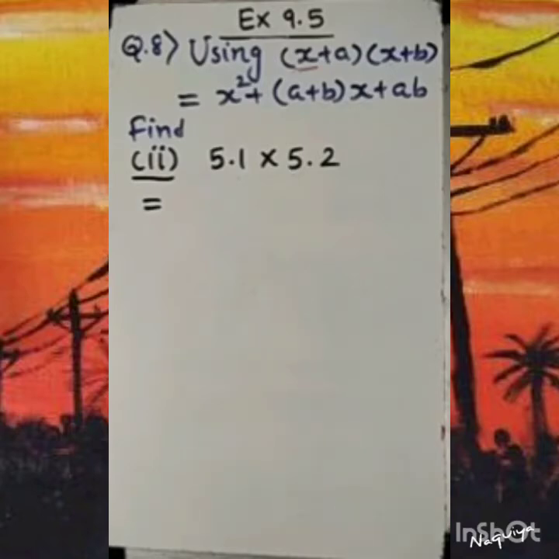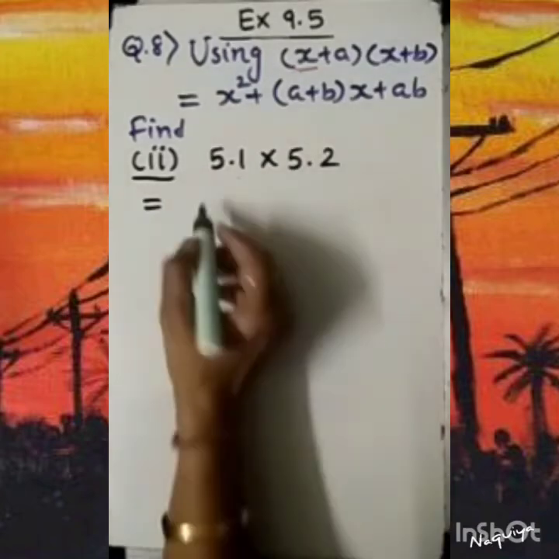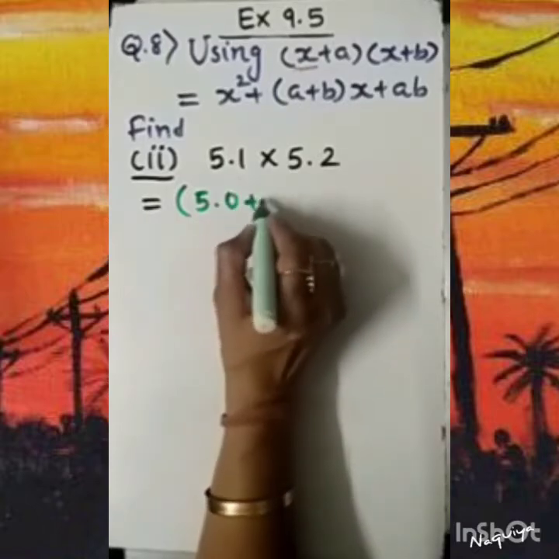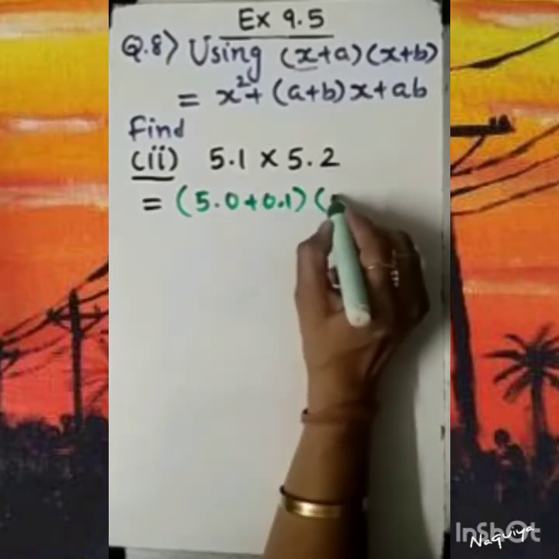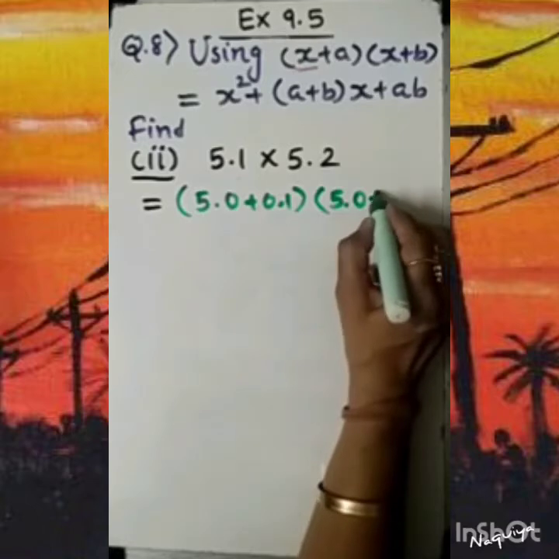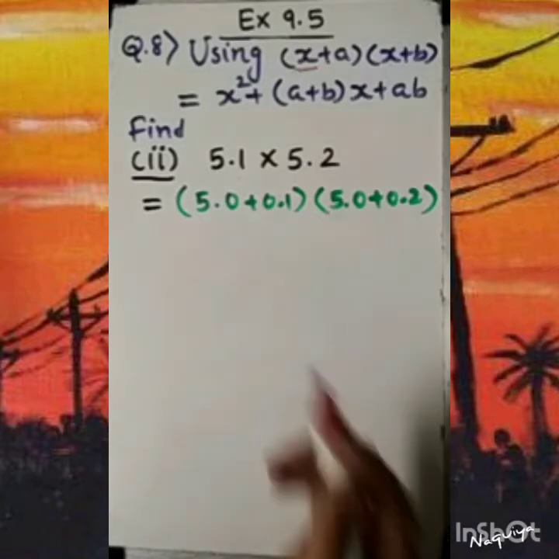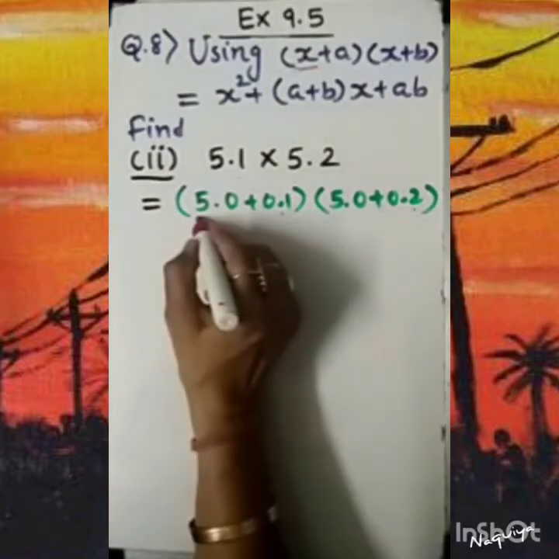That is 5. 5 is the round off, or we can say that is the nearest number. So can I write 5.1 as 5.0 plus 0.1? And here I should write 5.0 plus 0.2. Simple. So you can see here the first term is similar, but the second term and second term are different.